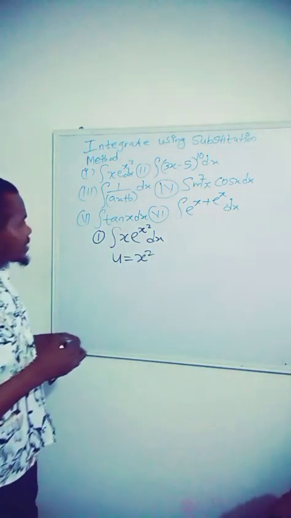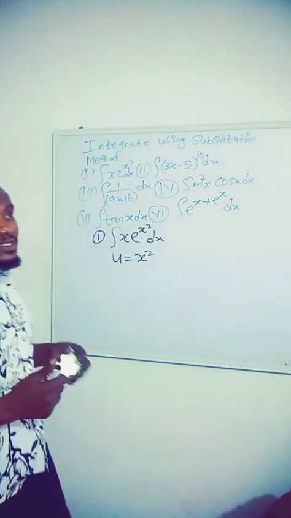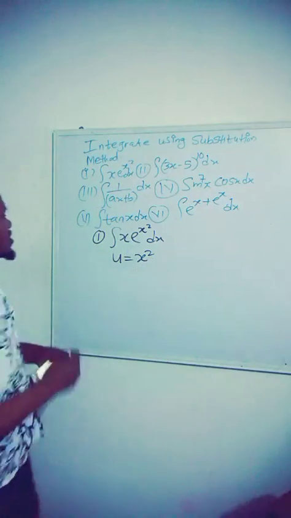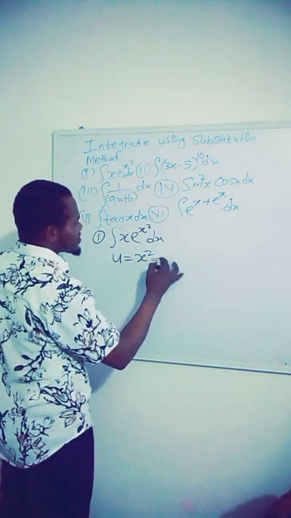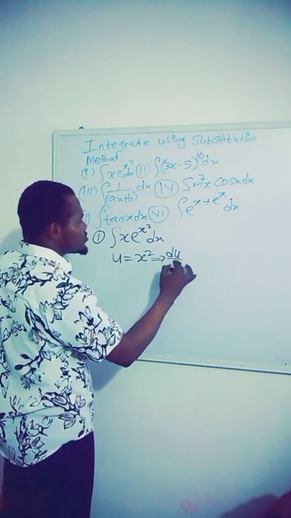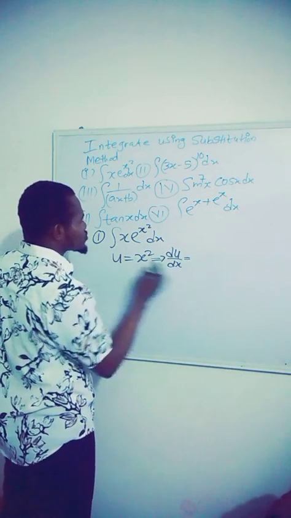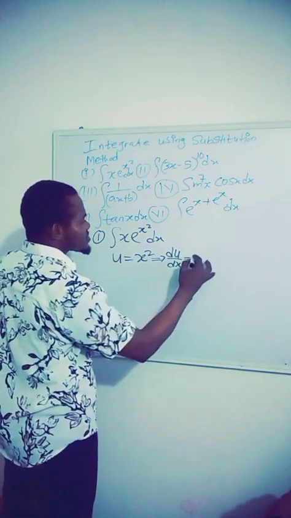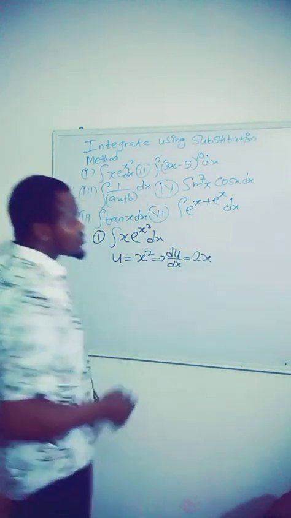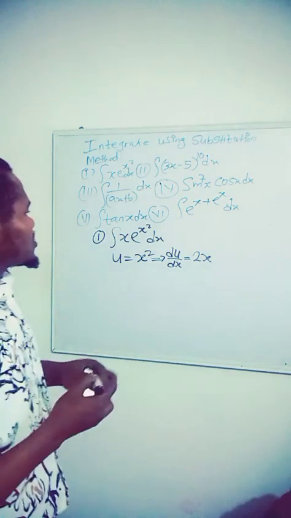Then du over dx will be equal to 2x, that is 2 times x raised to power 2 minus 1, which is x to power 1.